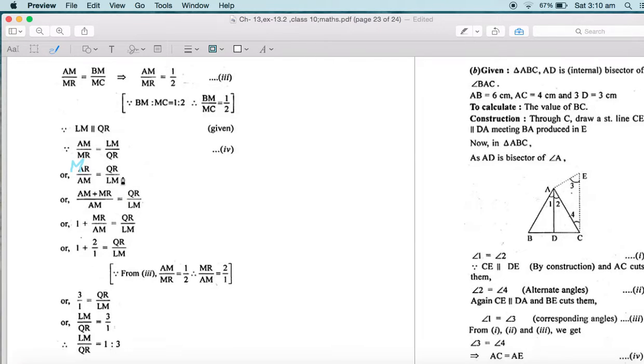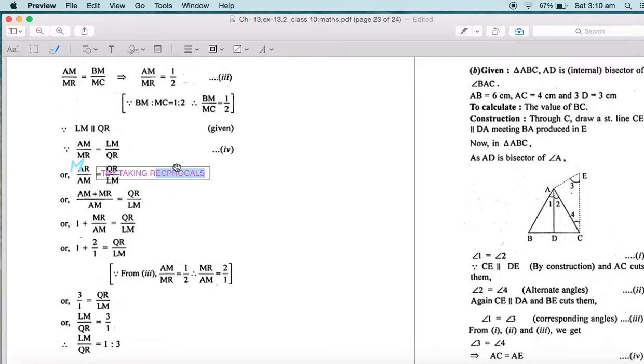Fine. Here what have I done? Have you all understood, my dear students? If not, then please pay attention. This is what we are getting. By taking the reciprocals, I am getting this result, my dear students.